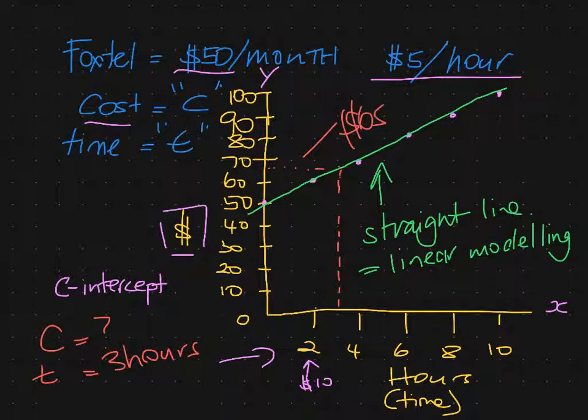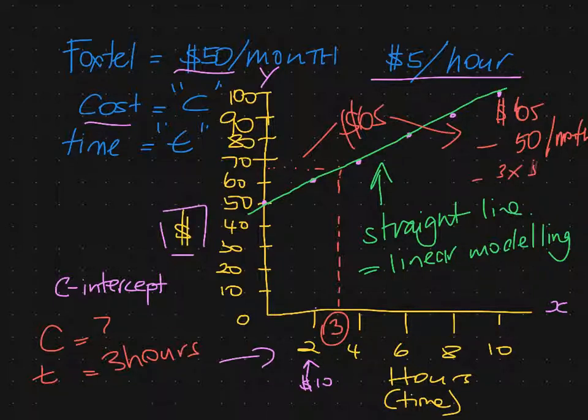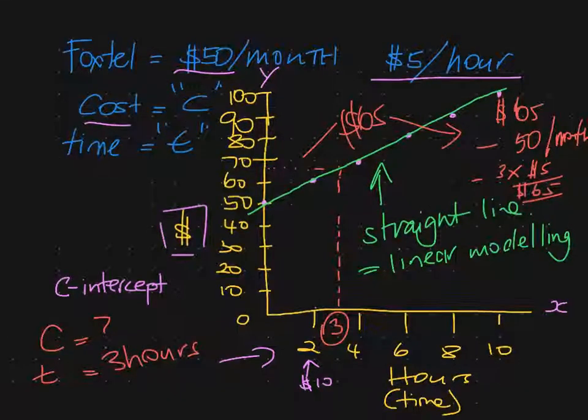Now that 65 is made up of our $50 monthly fee, plus 3 hours, so take our 3 by $5, which would equal $65.